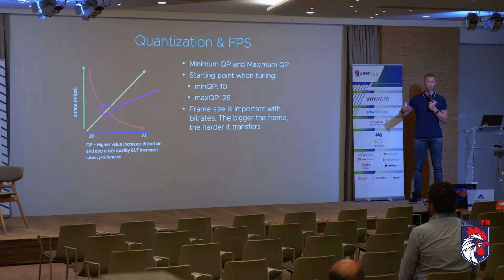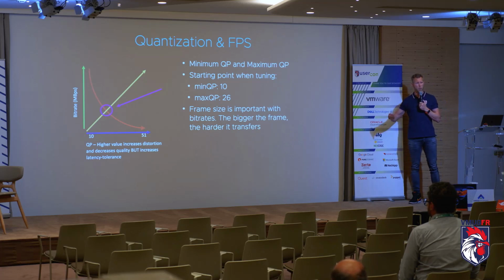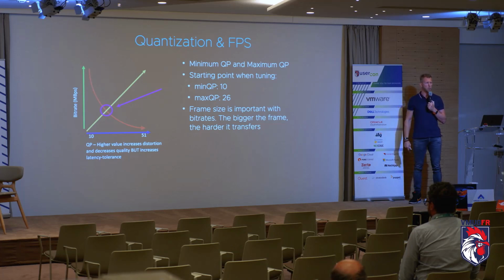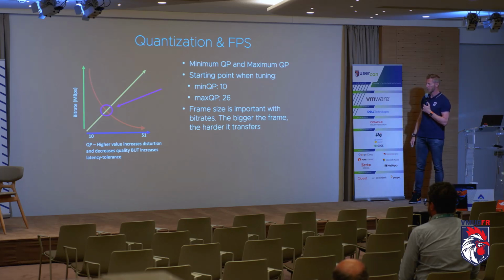Now, what happens if you send 60 of those frames per second over the network to an endpoint where there may be a WAN connection, multiple firewalls, all sorts of hops? Your latency will increase. So that's definitely something you want to be aware of.